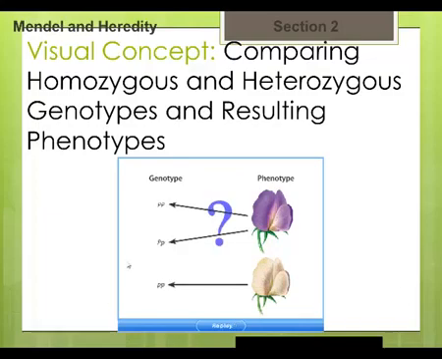So we would know the genotype if we had white flower color because we know that it's recessive and there can't be a dominant allele present. But if we had purple flower color, it could be either big P, big P, or big P, little p. So the phenotype cannot always tell us the genotype, but the genotype can always tell us the phenotype.